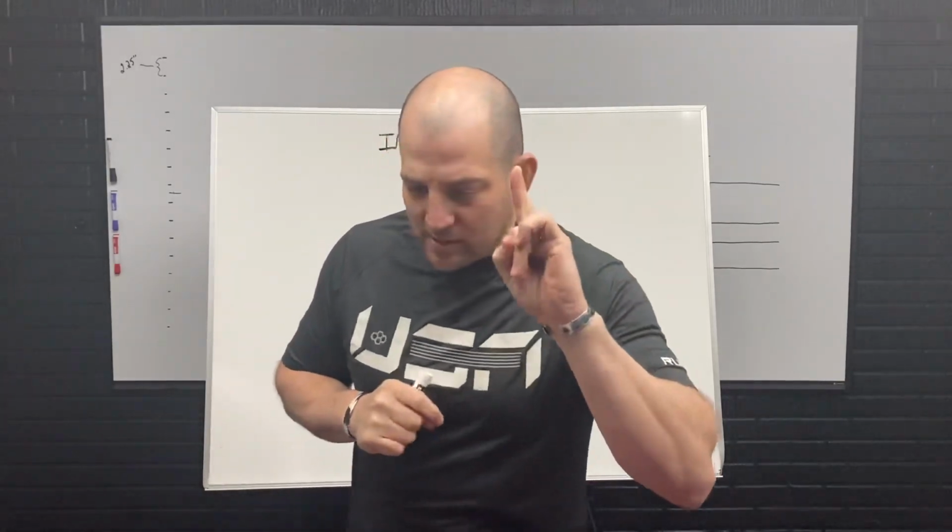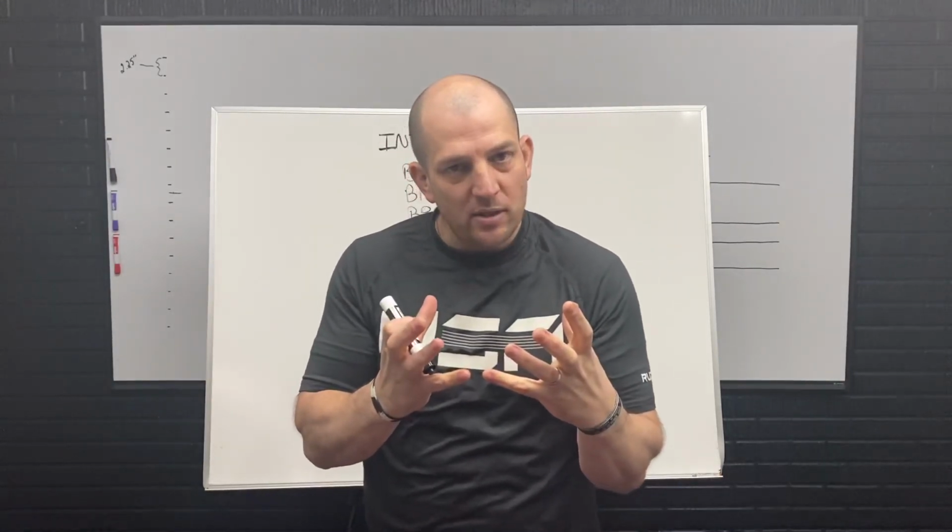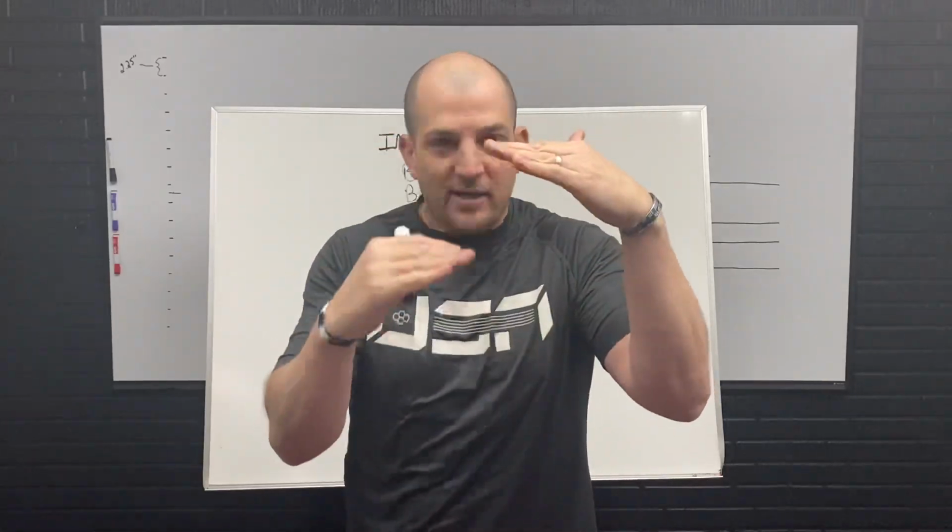The first sentence in your body paragraph should be your topic sentence. That is what the entire paragraph is about. So if you tell me the first sentence is about a dog, I know that entire paragraph is going to be about a dog.